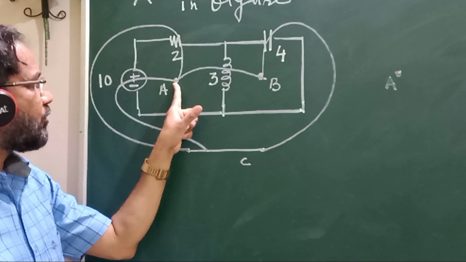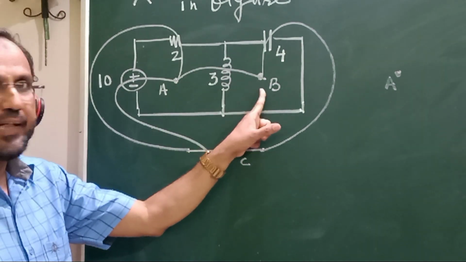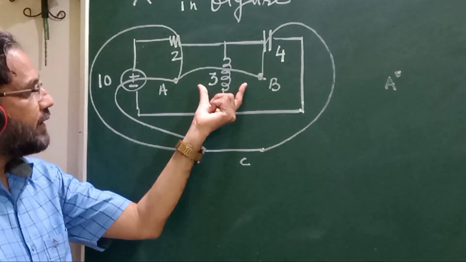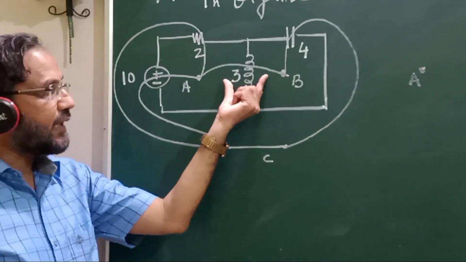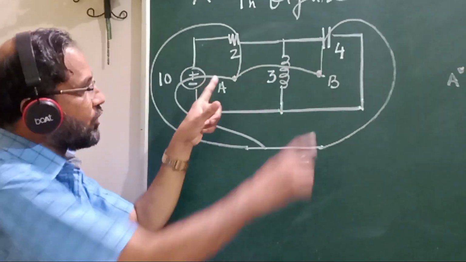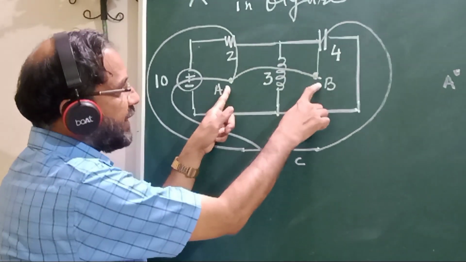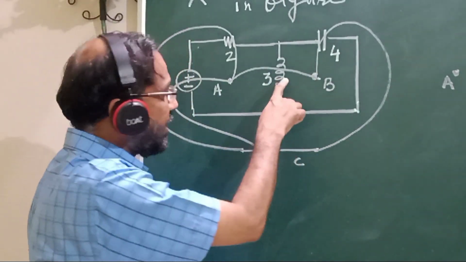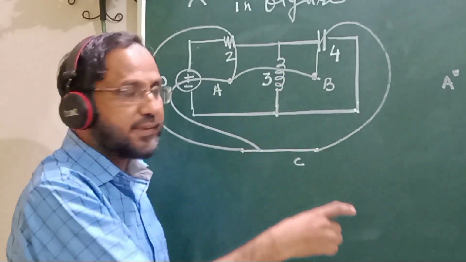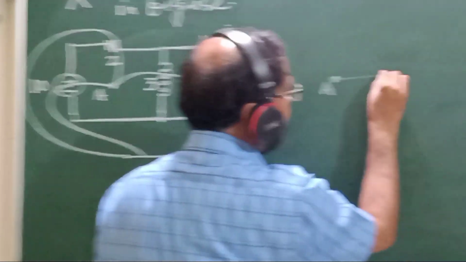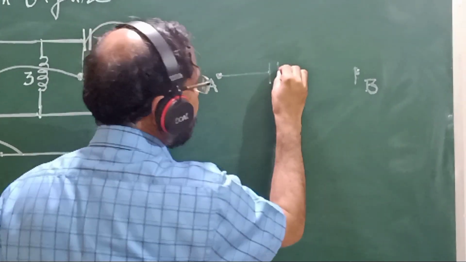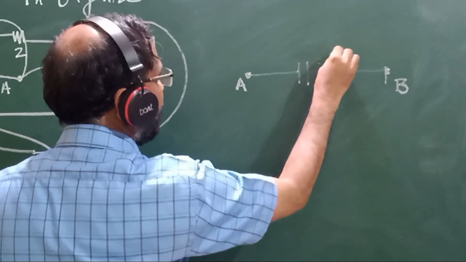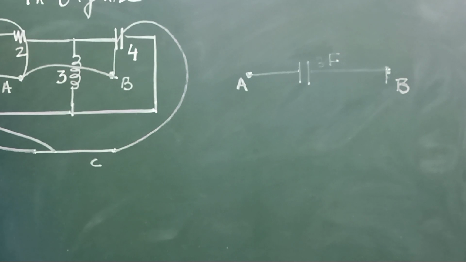This line is starting from A and ending at B. A 3 Henry inductor is connected. You concentrate here, from A to B, a 3 Henry inductor is connected. And remember, the dual of an inductor is a capacitor. So I am connecting a capacitor and the value will remain the same, so that is a 3 farad capacitor.